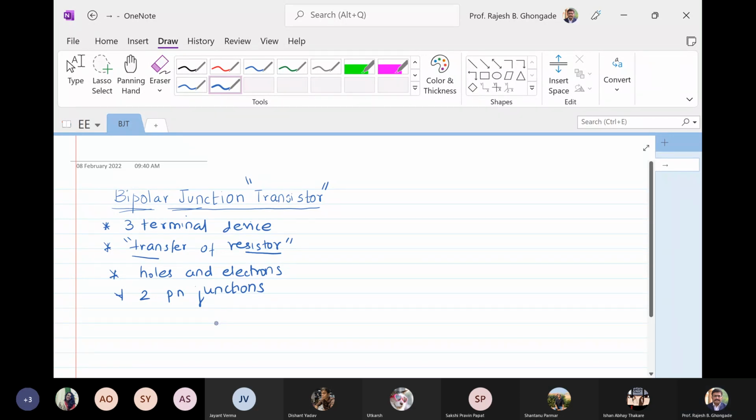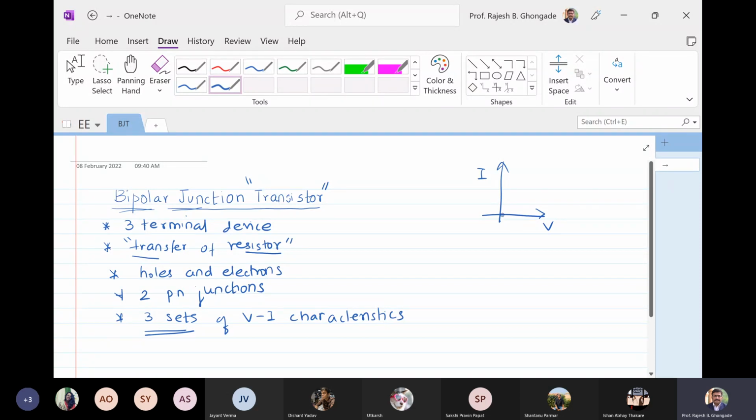And we have already said that it is a three-terminal device. So there are three sets of current-voltage characteristics. This is very important. Initially, when we talked about the PN junction diode, it was a simple VI characteristic because there was only one junction.